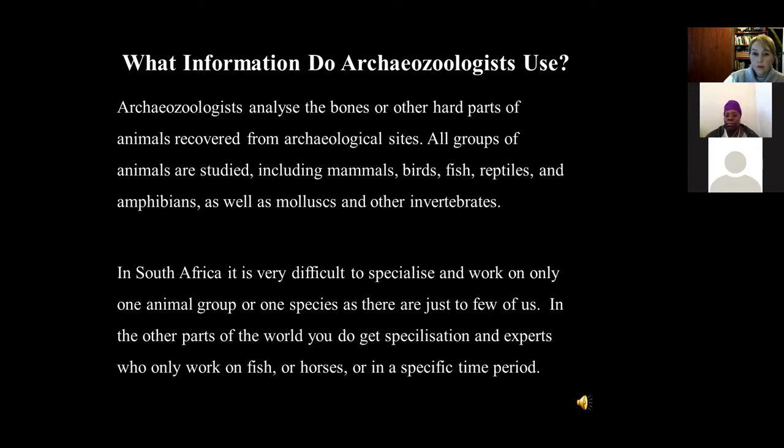It is very difficult for us to specialize. Overseas, we do find specialists that work only on horses, only on fish, or only within a specific time period, like the Roman time period. It is not possible for archaeozoologists in South Africa to specialize in this manner. This is fortunate or unfortunate, depending how you look at it.